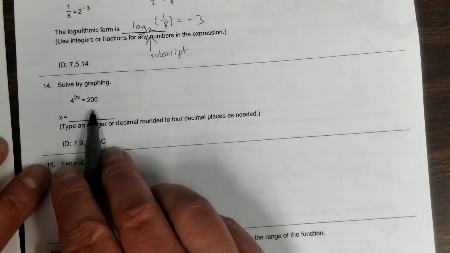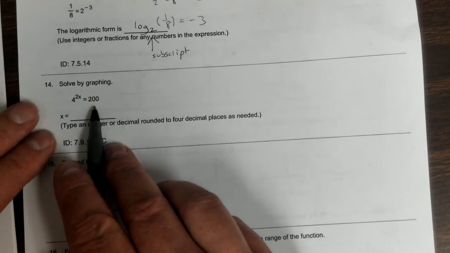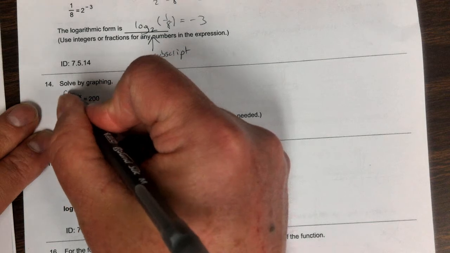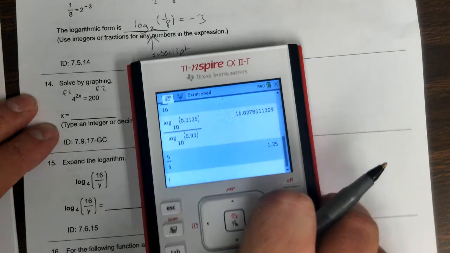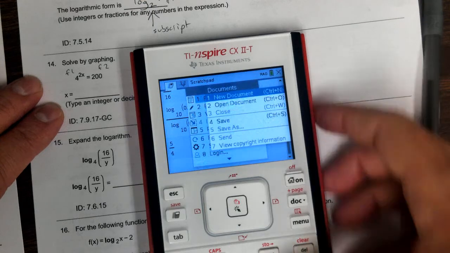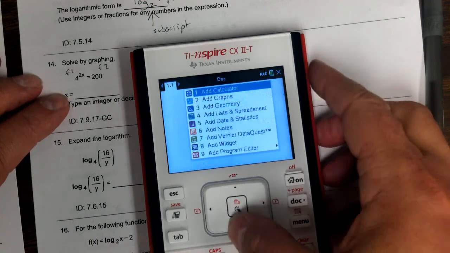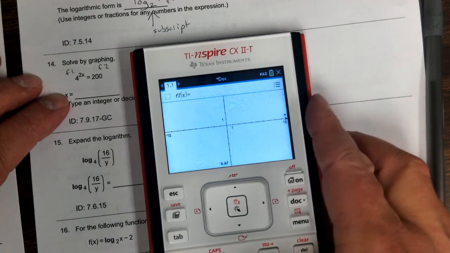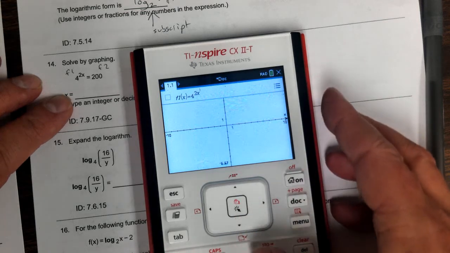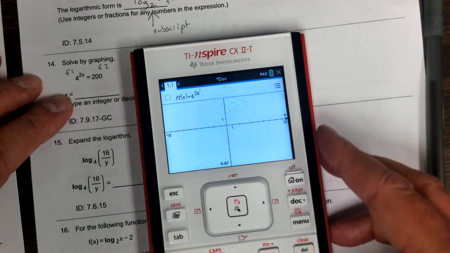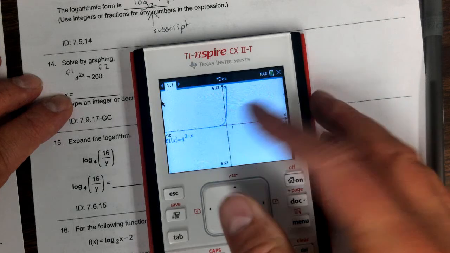Okay, now on this one, it says solve by graphing, and so we put this as function 1, and the right side is function 2. So add graph 4 raised to the 2x, and then we need to press enter. There's our graph.